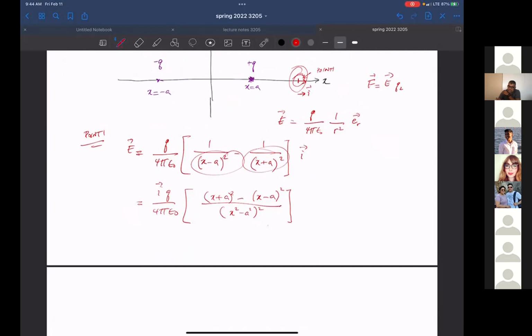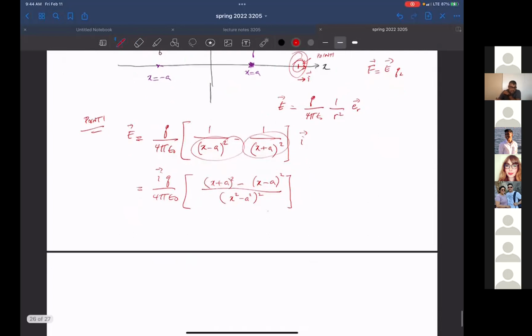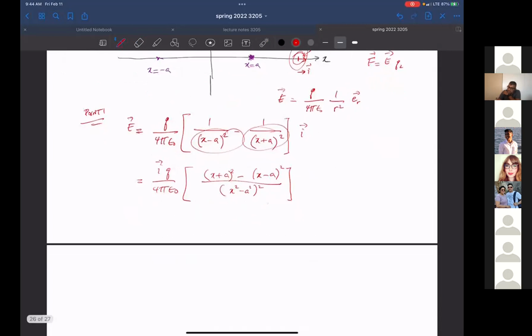So this guy, maybe I should go step by step here, is going to be x squared plus 2ax plus a squared, minus x squared plus 2ax. Is that right? Minus x squared.